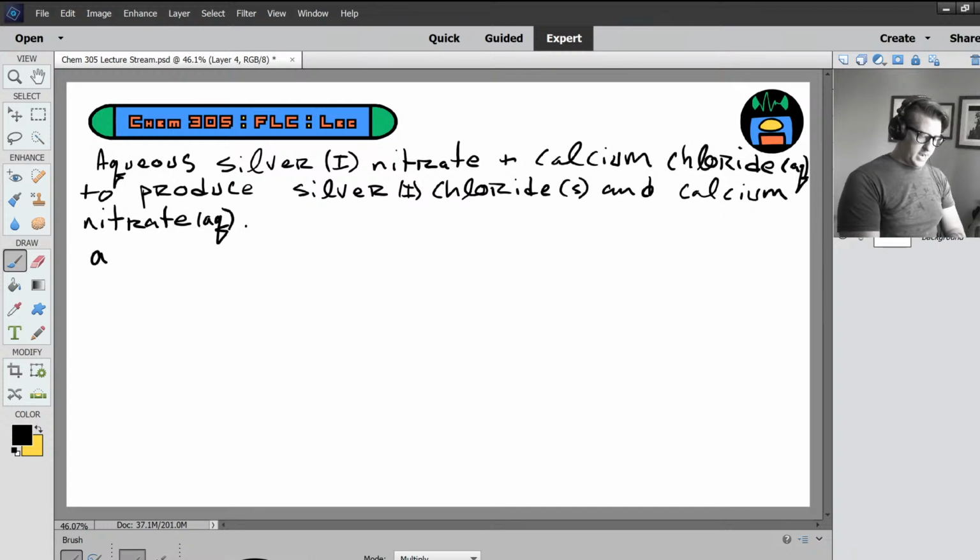All right, part A is write a balanced chemical equation.